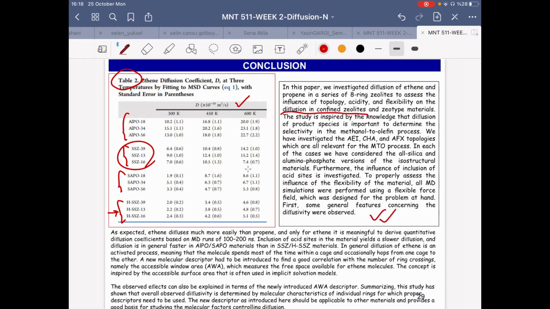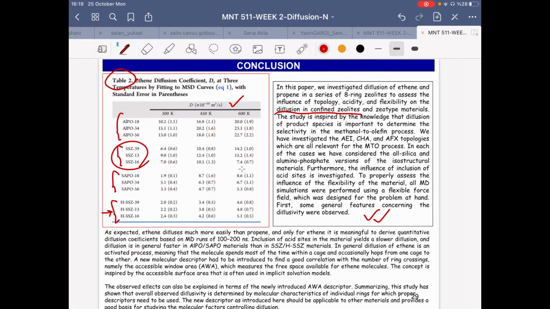So this was a very good paper to follow for those who intend to understand a little bit of diffusivity behaviors in different frameworks, because it's very hard to make an actual experiment that can really make these measurements.